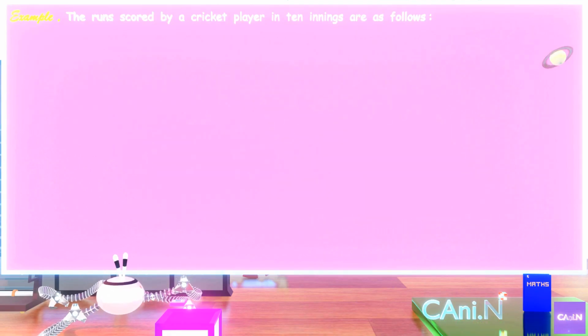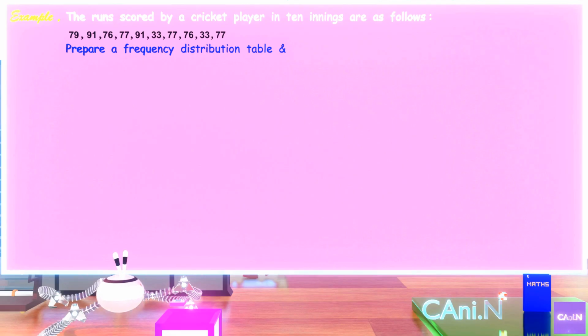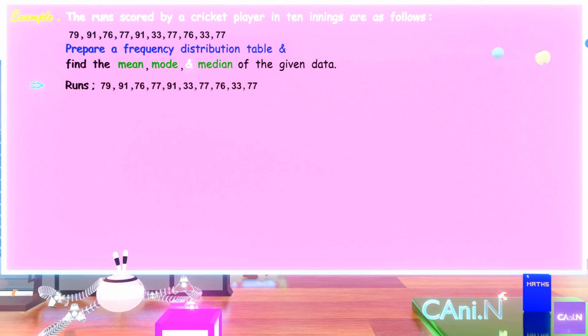Example. The runs scored by a cricket player in 10 innings are as follows: 79, 91, 76, 77, 91, 33, 77, 76, 33, 77. Prepare a frequency distribution table and find the mean, mode and median of the given data. Given.